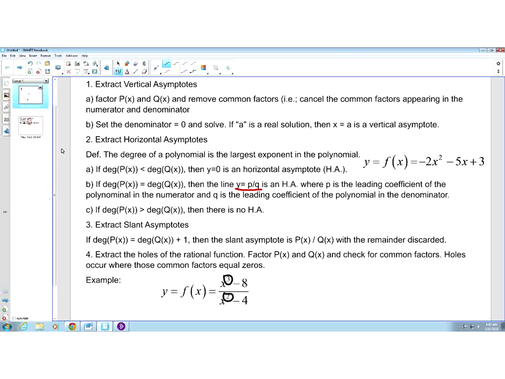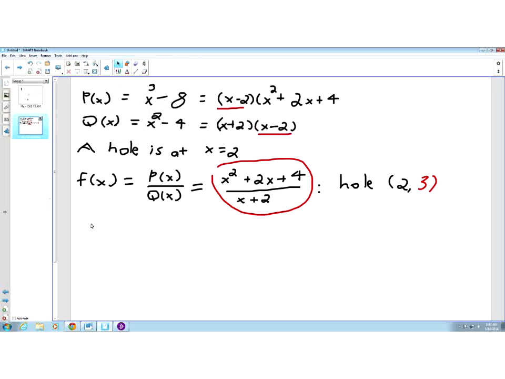So we need to construct the slant asymptote. Let me show you how that's done. To construct the slant asymptote, I'm going to do polynomial division using long division. Your choice of dividing polynomials, you may choose to use synthetic division, which is fine if you're more familiar with that.